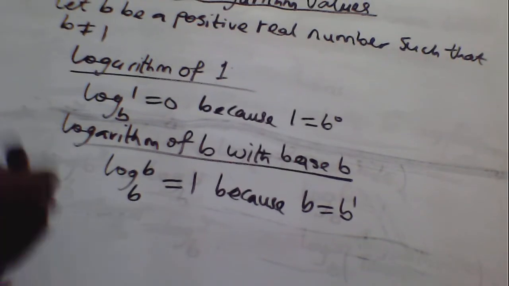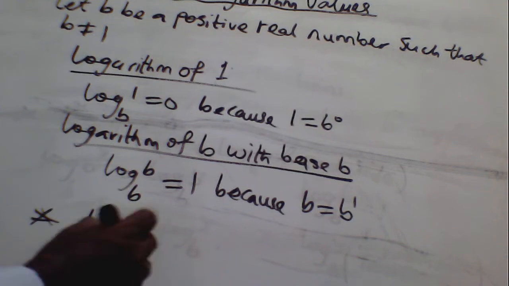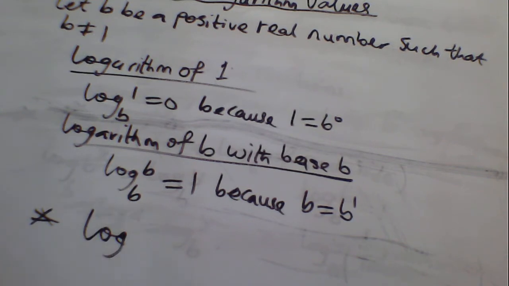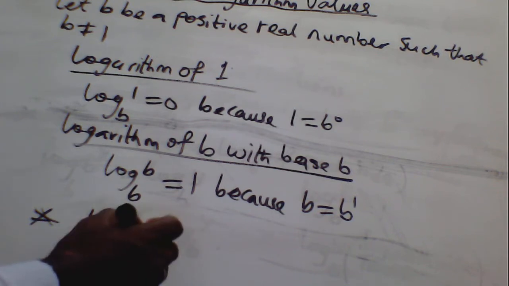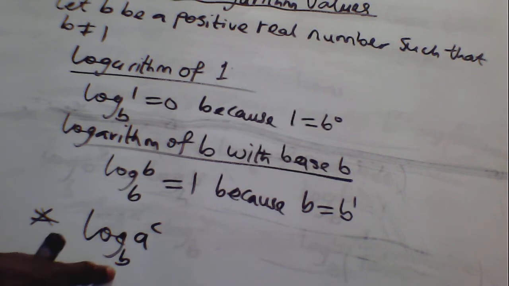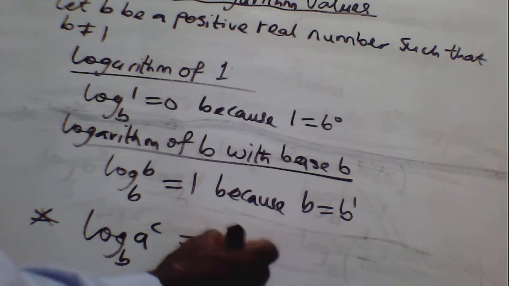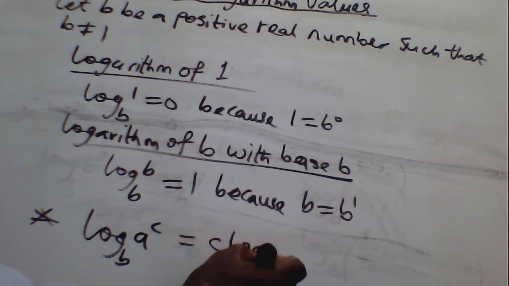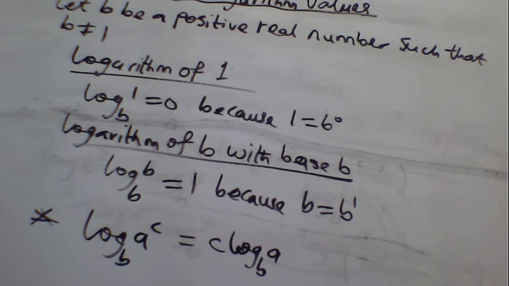But there's another one I put for you. For example, you have log of a to the power of c, base b. This is the same as c log a to base b.